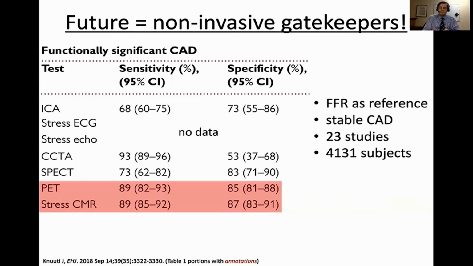And when you look at sensitivity and specificity, I think we can really say that flow-based advanced imaging technologies like cardiac PET, but probably also cardiac MRI, are ones that provide the greatest ability for us to understand exactly who needs to be going to the cath lab. And I really think that's the future and where this is going.